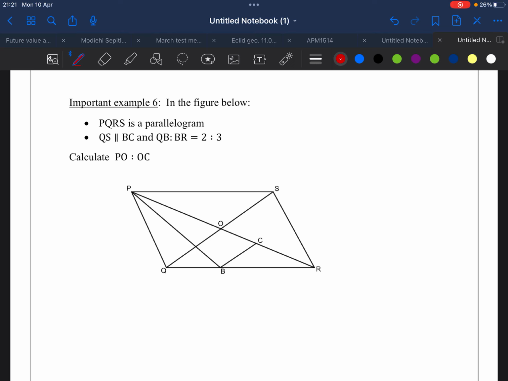So what do we mean by that? If this is a parallelogram, that means PS will be parallel to what? Will be parallel to QR there. Okay, then what about PQ? You know that PQ is parallel to SR.